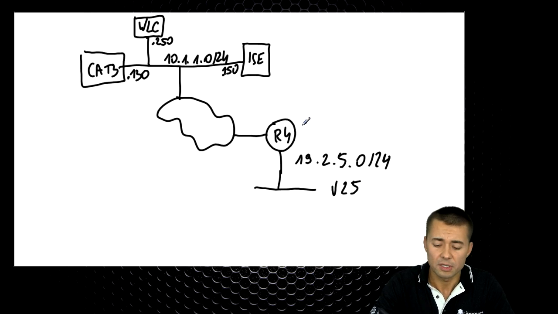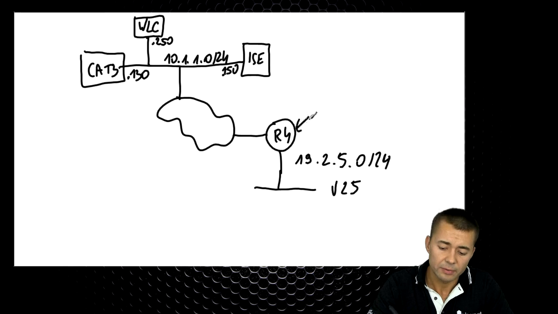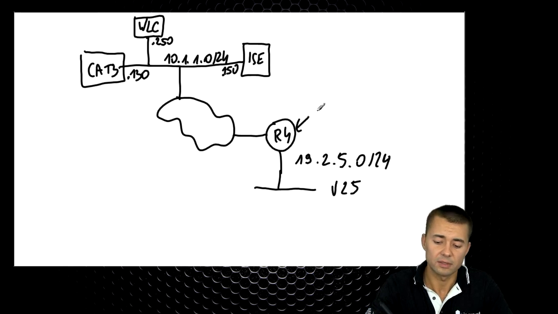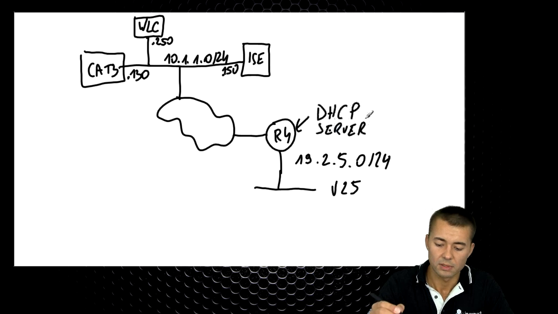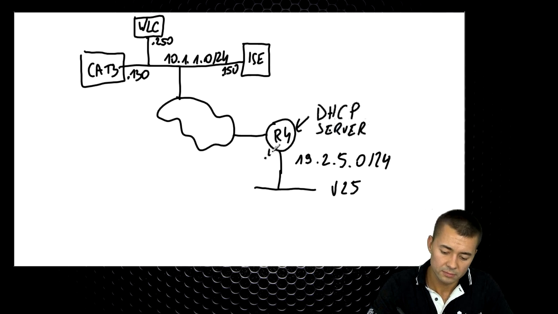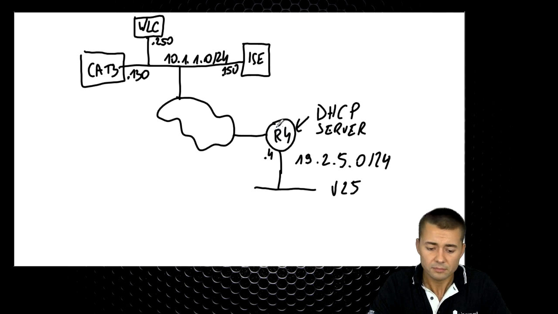The clients are going to be associating with a certain SSID we will configure, and they're supposed to be placed into this VLAN, and Router 4 in this case is going to be acting as a DHCP server. So this one is going to be using 192.168.25.4, but as I said, we're going to take a look at this later when we get to the wireless part. So let's now focus on the wired connection here.